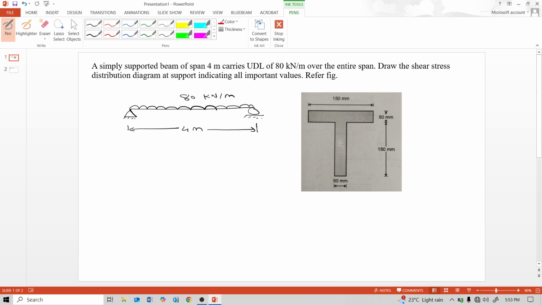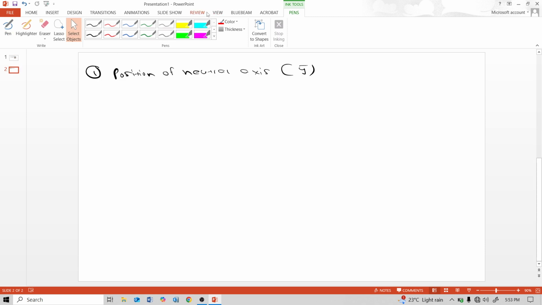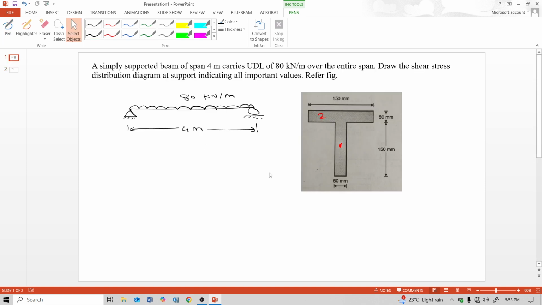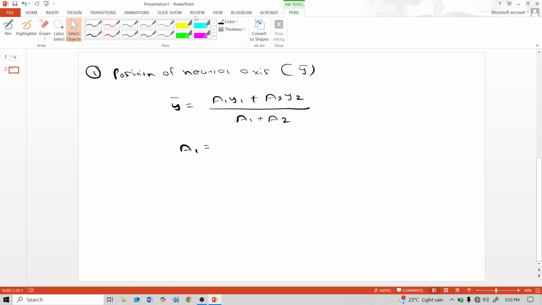Let us consider this web as 1 and flange as 2. Y bar is equal to a1y1 plus a2y2 upon a1 plus a2. A1 is this web portion area, 50 multiplied by 150, 7500 mm square.